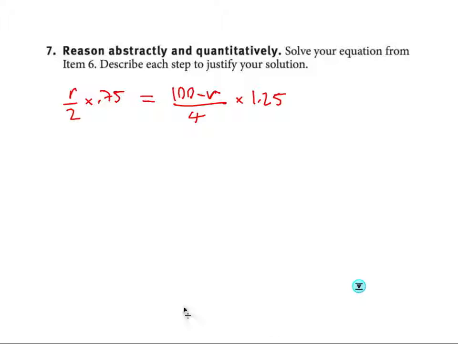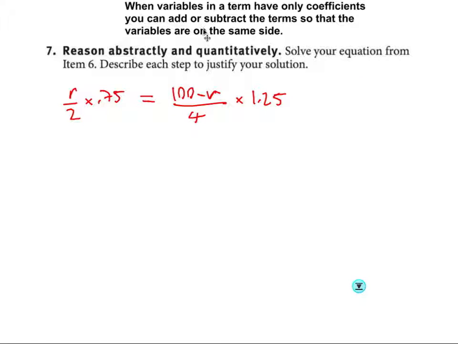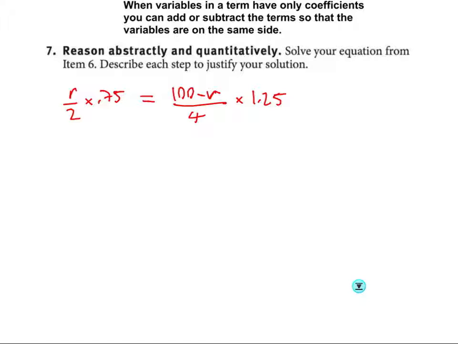So instead of solving for x, we're solving for R. And here is the idea. Now we want to go ahead and move the R so that they are both on the same side. And once they are both on the same side, we can combine like terms and then solve for R. But before we can do that, notice that this R has a coefficient of -1.